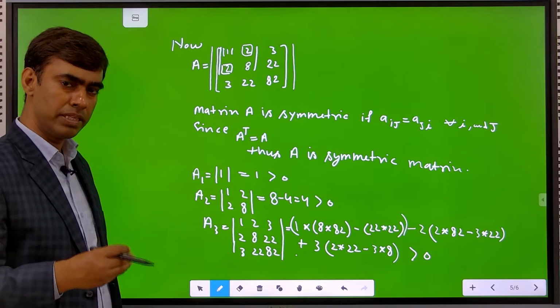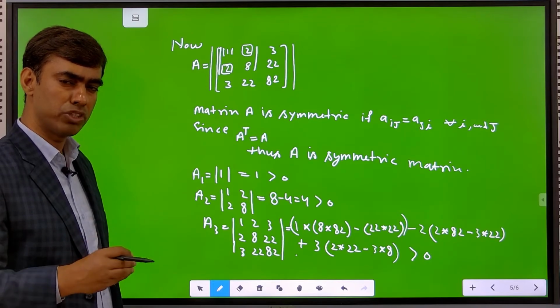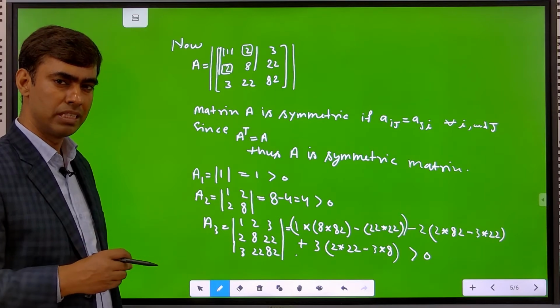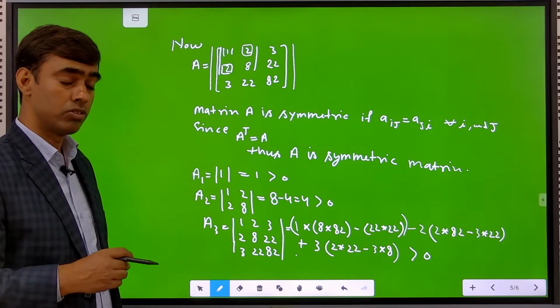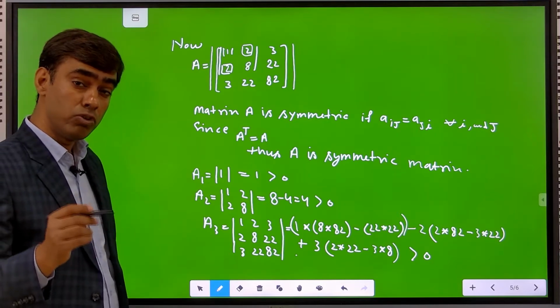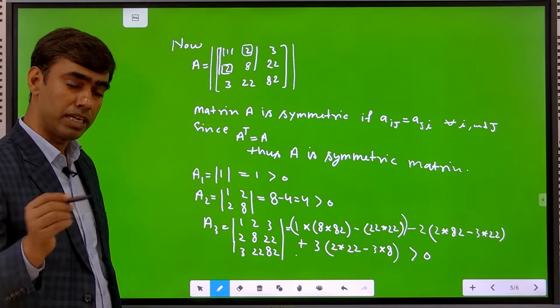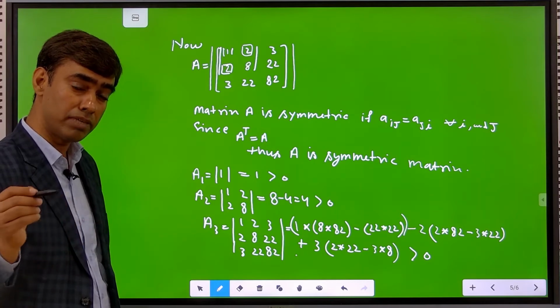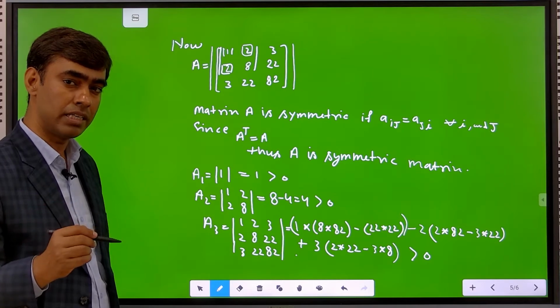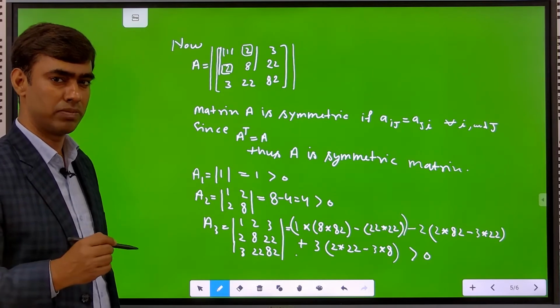And another way we decide a matrix is positive definite or not: if the values of all diagonal elements are greater than 0, not diagonal elements, sorry, if the eigenvalues of that matrix are greater than 0, then also we can say that the matrix is positive definite.